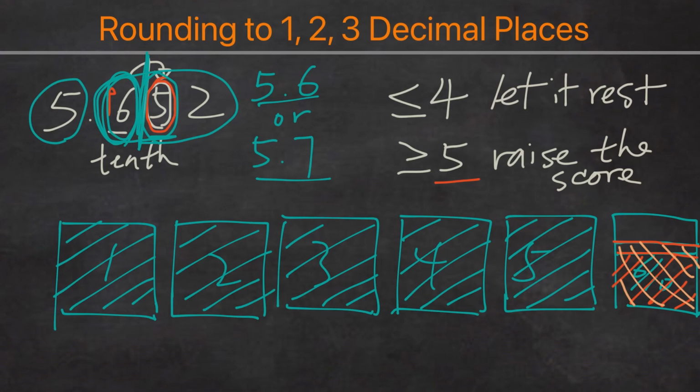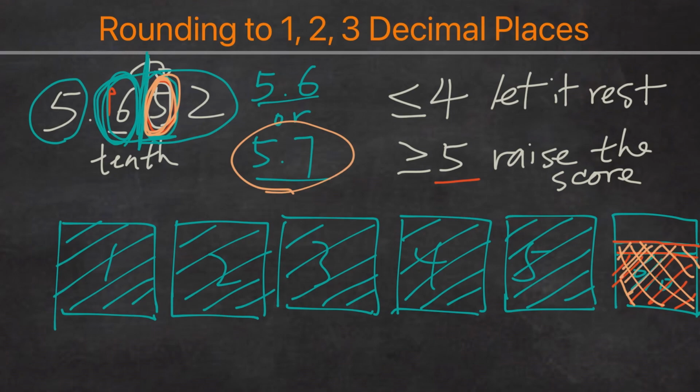And that's why we have the method of rounding as 4 or less, let it rest, anything 5 or more, raise the score. Since the number behind 6 is 5, we round it up and say it's closer to 5.7 than 5.6.